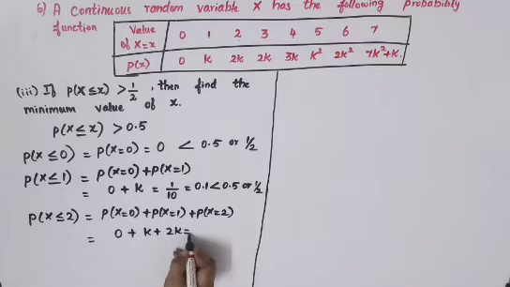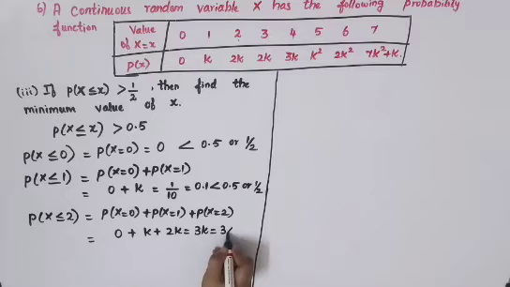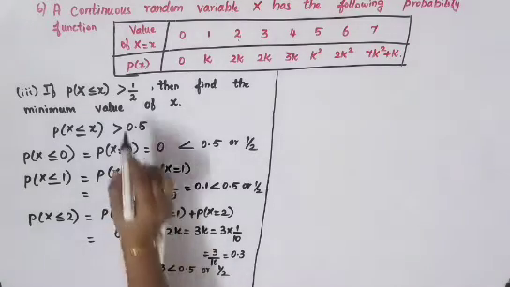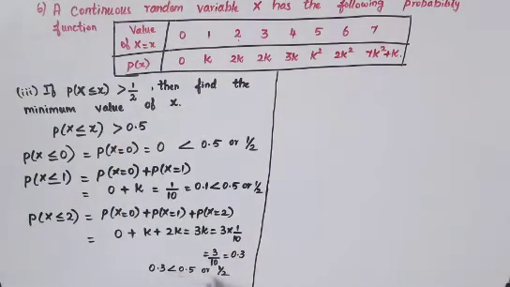Now adding, you will get 3k, which is equal to 3 into 1 by 10, that is 3 by 10, which is nothing but 0.3. So therefore 0.3 is less than 0.5 or 1 by 2. So till now it is less only. Till you get greater, you will have to proceed.